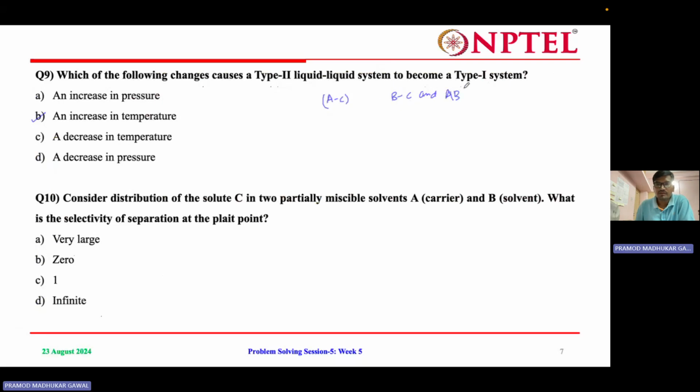So these are the partially miscible pairs. These are the miscible ones in a type 2 system.